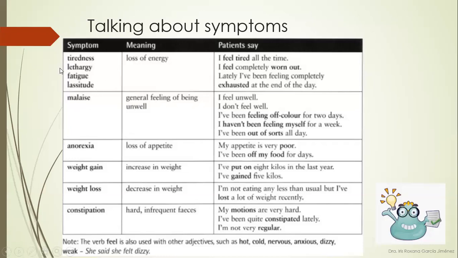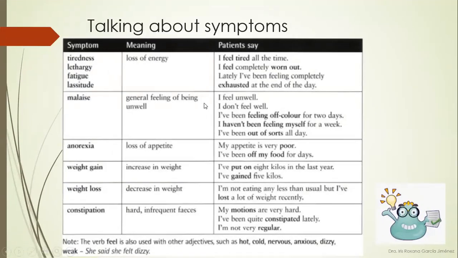Loss of energy, in medical English, could be tiredness, lethargy, fatigue, lassitude. We have 4 options. Another one, I feel completely worn out. This expression, feel worn out, means the same, loss of energy, and the same options. Any one of them is correct. It depends on the context to use each one.